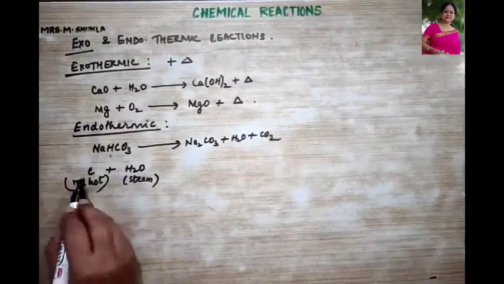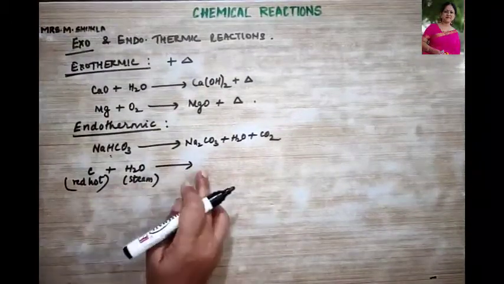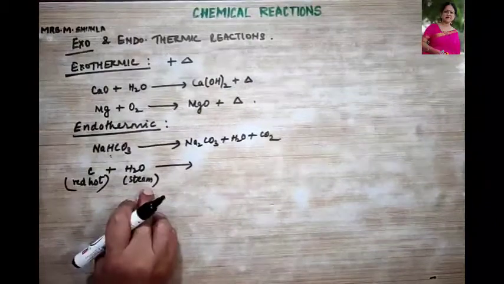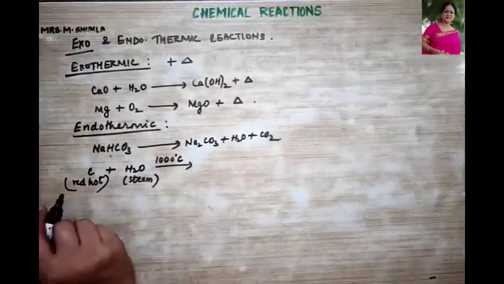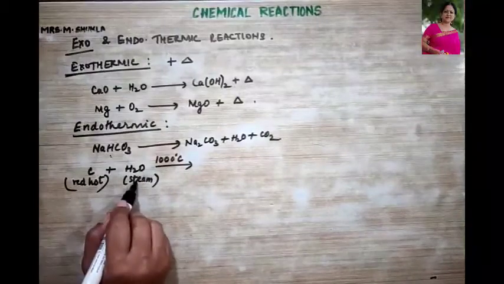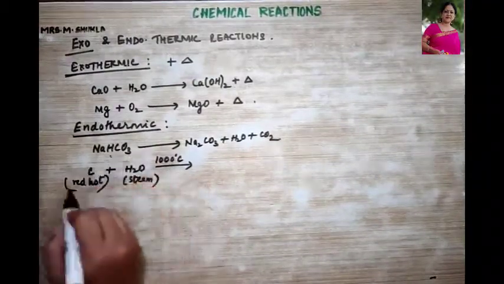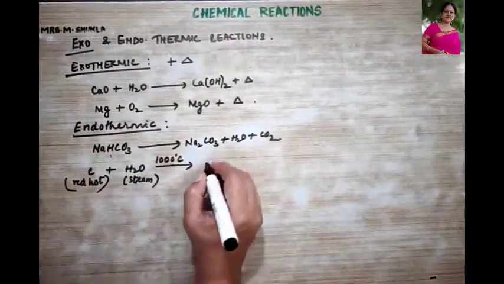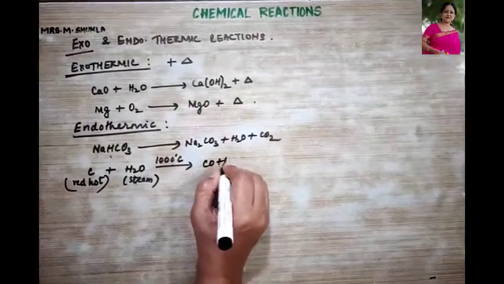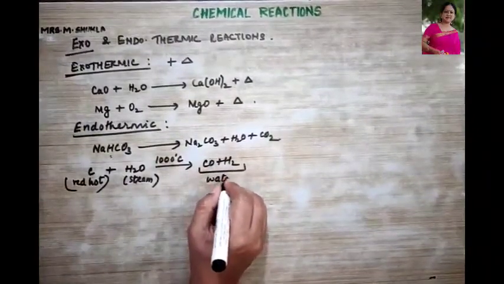Remember, lot of energy has been given for the reaction to proceed, but the reaction does not proceed. Still it needs 1000°C heating. After all this input of energy, it still needs more input of energy. So all this is your absorption of energy for the reaction to proceed, and thus it gives us what? This is called water gas.